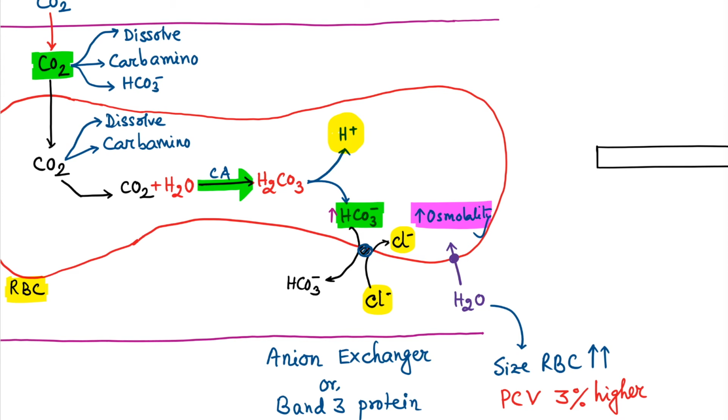So please remember, although it's a theoretical concept, for physiology and for MCQ purpose, this is an important one. Due to entry of chloride inside the RBC, the osmolality is higher, because of which it is taking up water from the plasma, due to which the size as well as the packed cell volume increases.